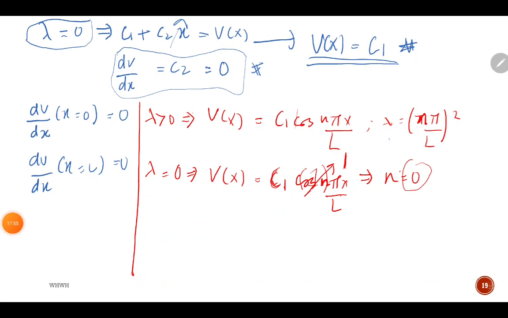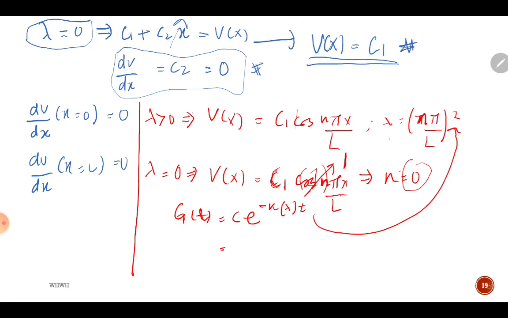Alright, and remember our GT last time kita ada, our GT is equals to C e to the power of minus k lambda t, right? But now we know that our lambda is equals to n pi over L square. So here we have C e to the power of minus k n pi over L everything square t.